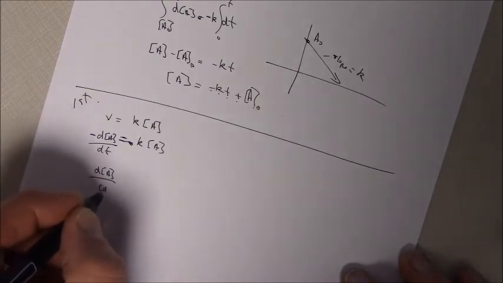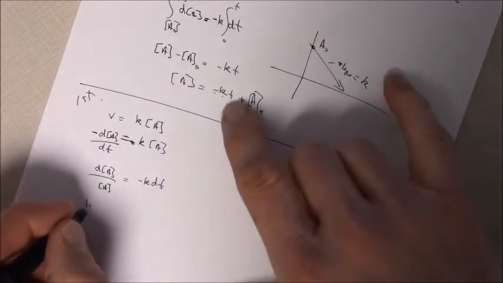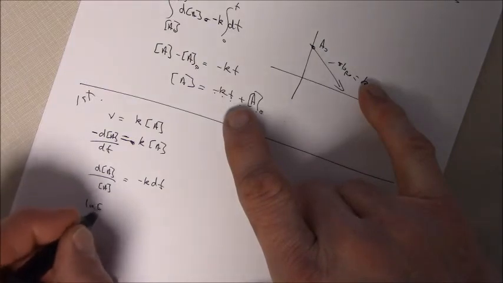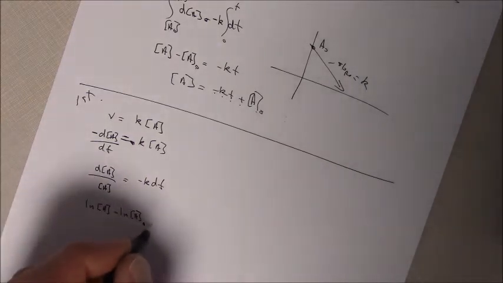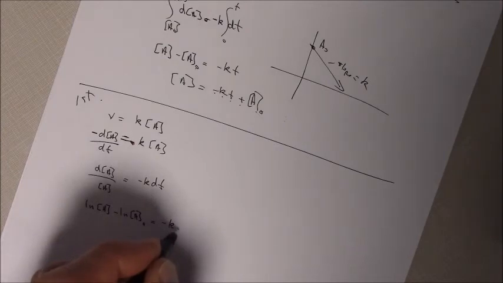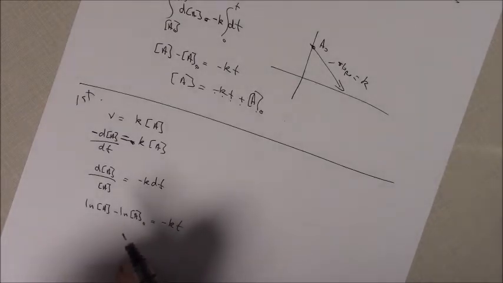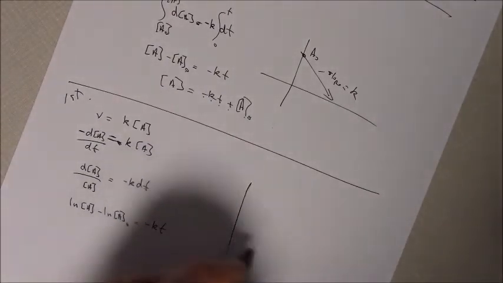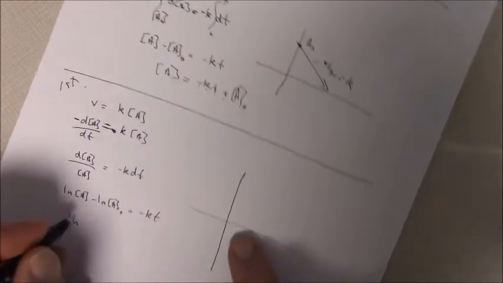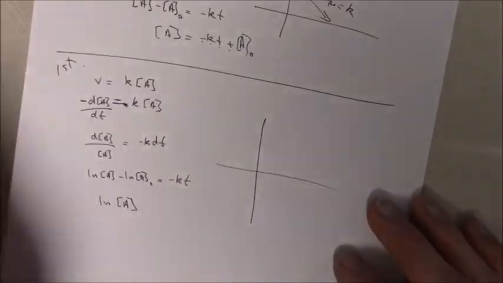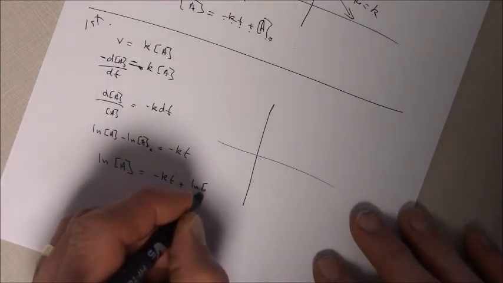When you integrate this one, you already know you're going to get the ln of A minus the ln of A naught equals negative kt. So ln of A equals negative kt plus ln of A naught.